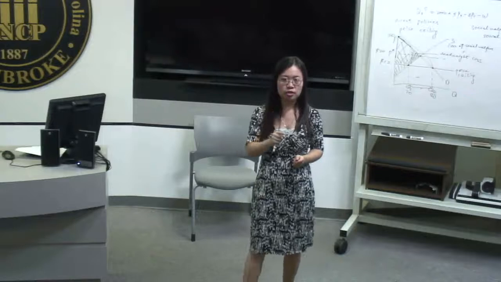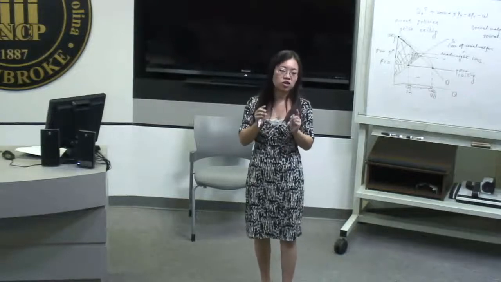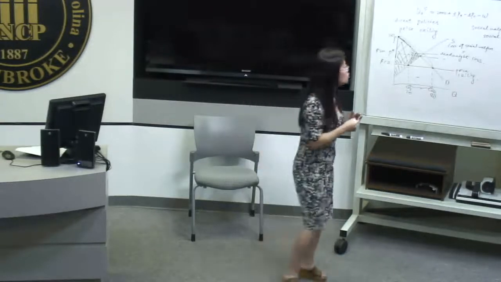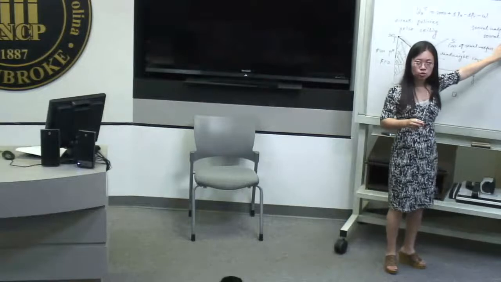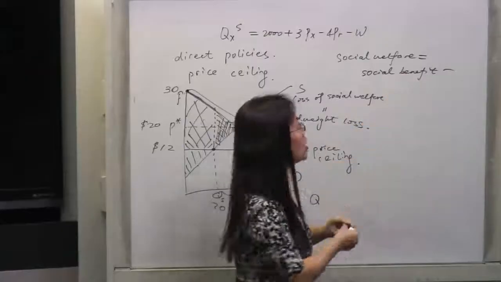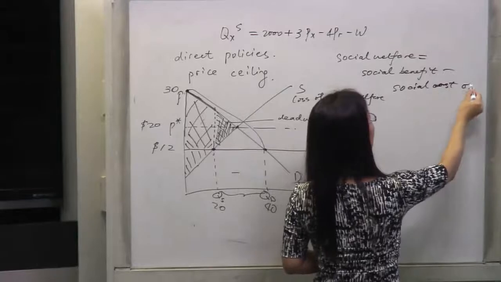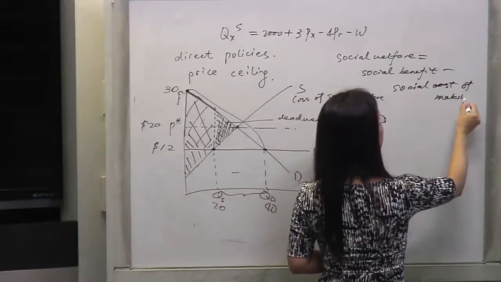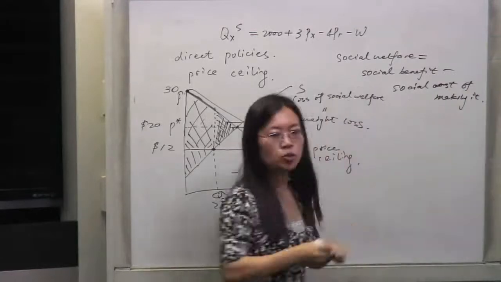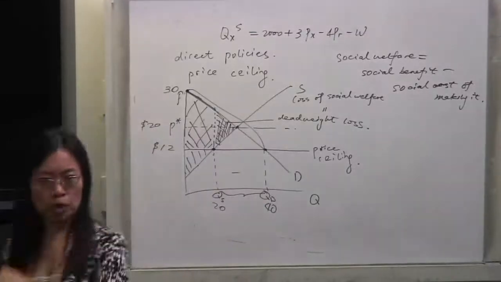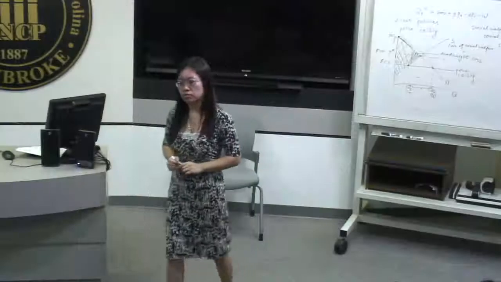So for any good that exists in the market, how do we measure the social welfare for that good? We look at the social benefit that good brings to the society, and we look at the social cost of making it. We don't care who made money out of it.